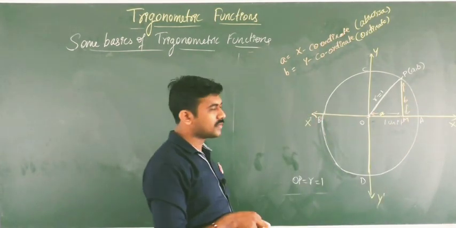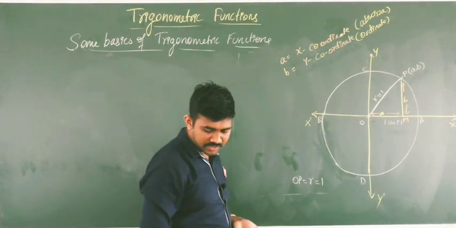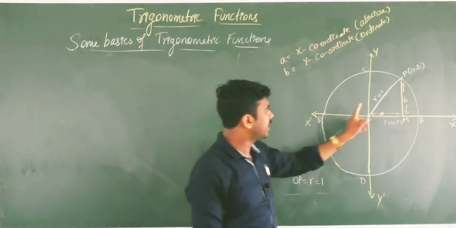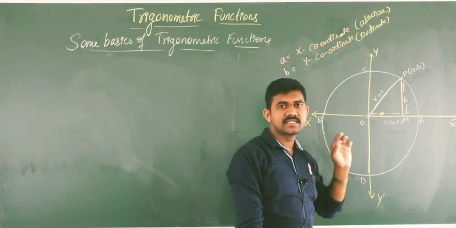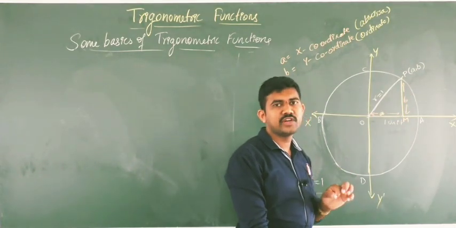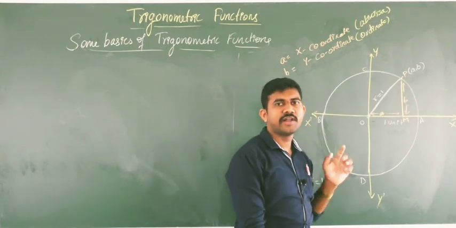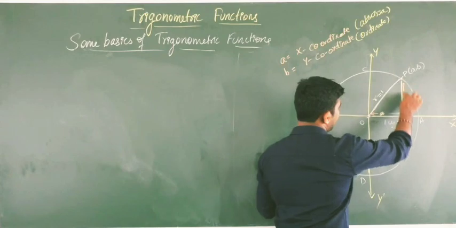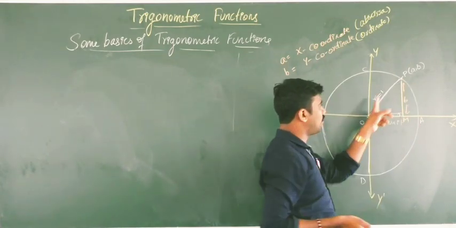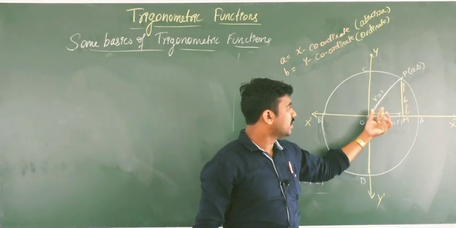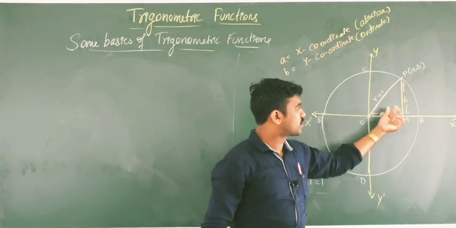Now we can write, by using here, radius is nothing but what? Radius is 1, but radius is nothing but the distance from O to P, that is the square root of A square plus B square. Or also we can find it by using the right angle triangle OPM: the length of the hypotenuse side OP is the square root of A square plus B square.